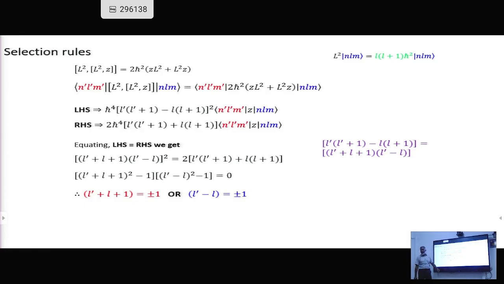Any of them can be 0. And you can see that if this is true, L will be negative. Okay? Because you cannot have L prime plus L equal to 0 or 2. So you can see that this will become negative. So what you have is delta L is plus or minus 1. What is the second rule?